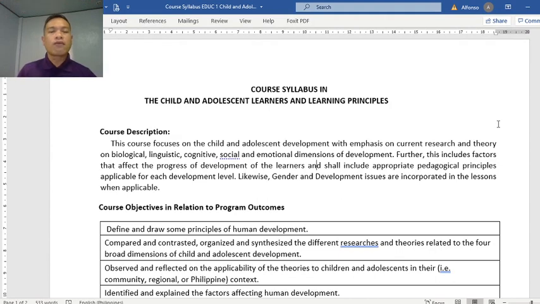That's the whole point of why you study 4 years of your course, because the curriculum is designed so you could develop an extent of mastery, an extent of expertise, so that when you become a full-fledged teacher, you are a master of the subject that you will be teaching.